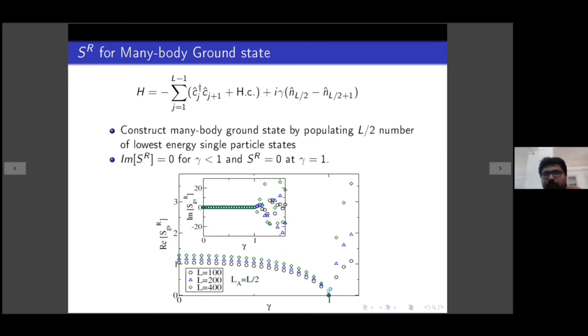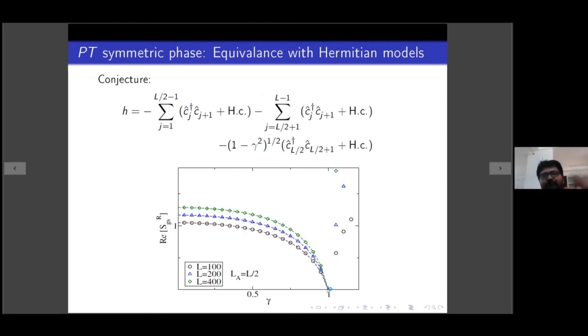But this result is really fascinating because at the transition point, the right entanglement entropy goes to 0. That's why we conjectured that we could try to get our result starting from some Hermitian model. Given that at this transition point it is 0, the obvious guess was something like this: you have just a tight-binding, nearest-neighbor hopping Hamiltonian up to site L by 2 minus 1, and the rest of the sites also have tight-binding hopping. The only thing is that between site L by 2 and site L by 2 plus 1, I vary the hopping parameter in this way, and that particular functional form is motivated by the variation of my entanglement entropy.